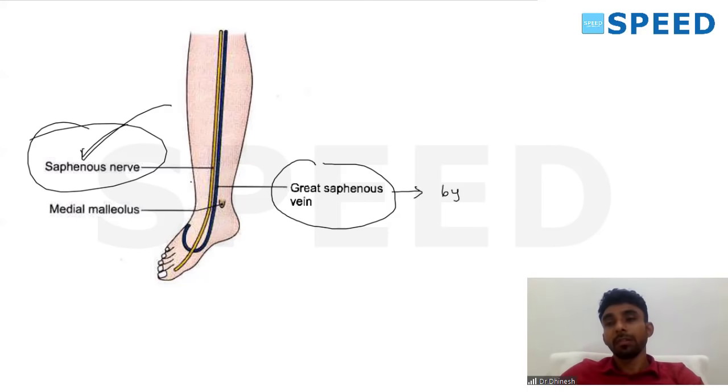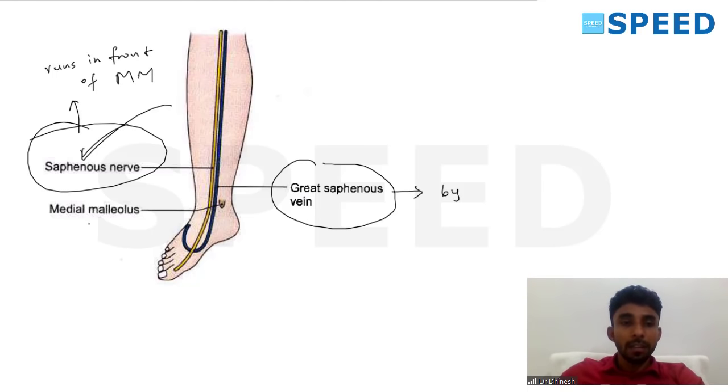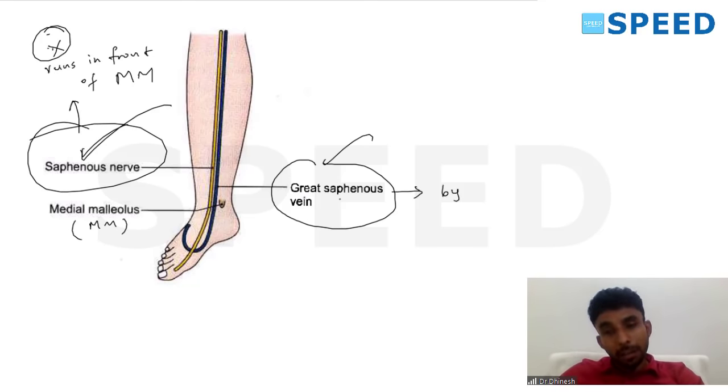You can see the saphenous nerve runs just in front of the medial malleolus at the level of the ankle joint. Both the long saphenous vein and the saphenous nerve are running just in front of the medial malleolus.